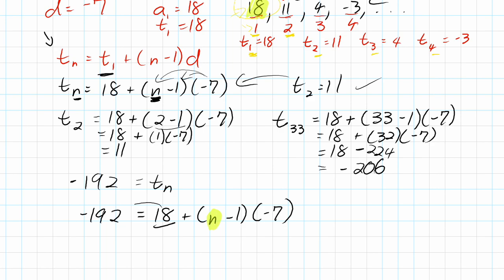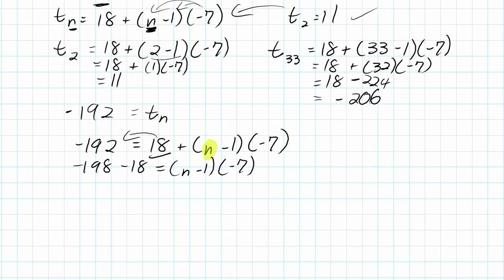I'm going to move 18 over. Then we get -192 minus 18, which is n minus 1 times -7. I believe this is going to give us -210.